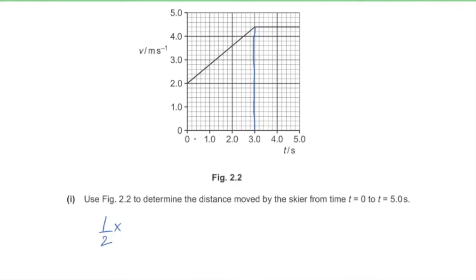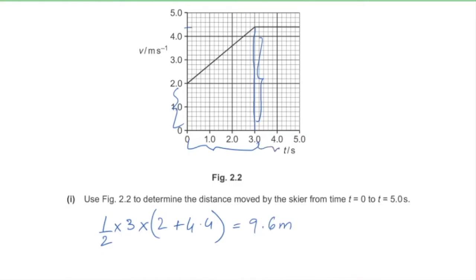So height of trapezium is this much, so it's 3 into sum of parallel sides. These two are the parallel sides of the trapezium, means 2 plus this is 4.4, 9.6 meters.